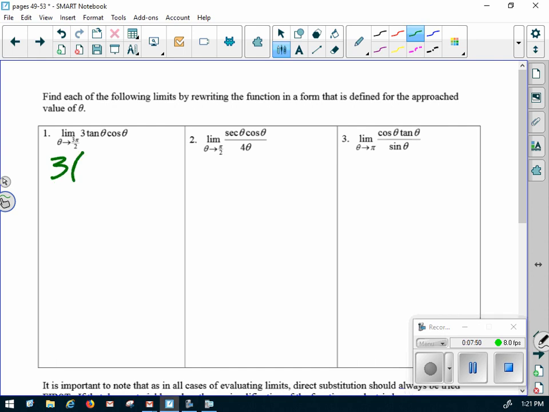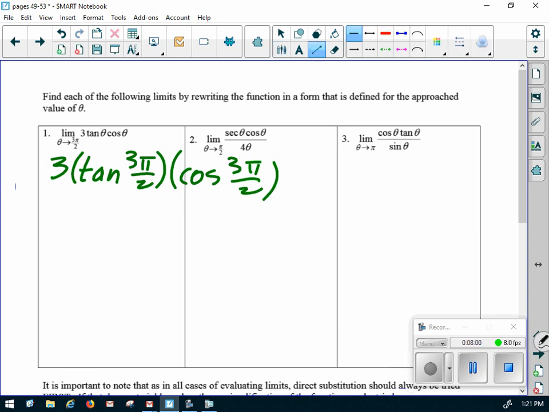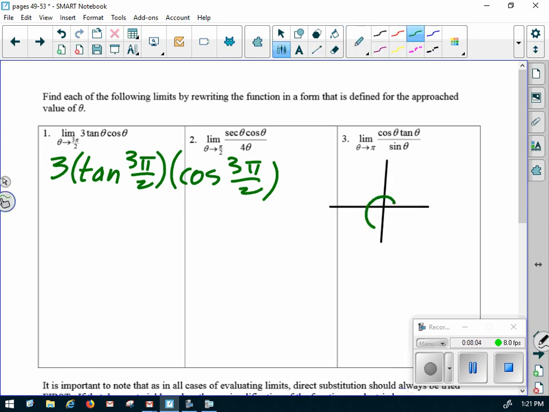This would be 3 times the tangent of 3 pi over 2 times the cosine of 3 pi over 2. Let's talk about 3 pi over 2. What's the tangent of 3 pi over 2? Sine over cosine, something over 0.